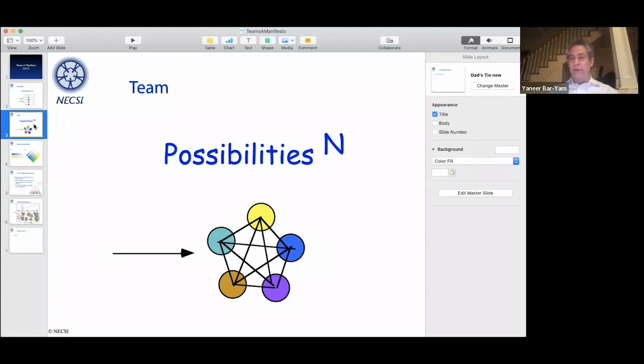So here's the next idea. What happens if we put them together in a team? How many possible things can they do? We have these 5 specialists. How many possibilities can they deal with? So the answer is they can deal with 10,000 times 10,000 times 10,000 times 10,000 times 10,000.